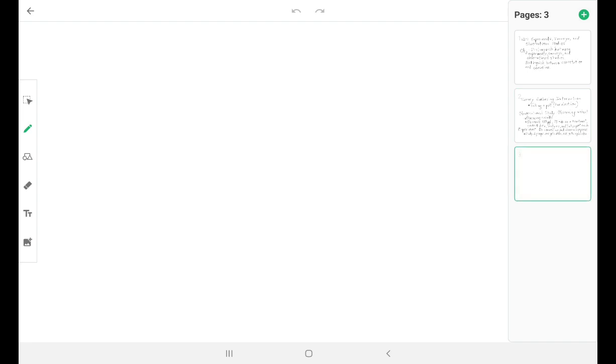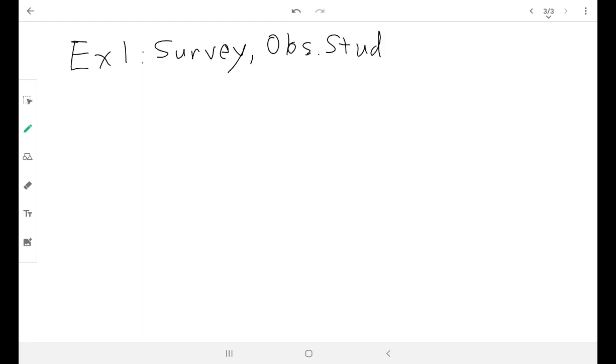So then the question is, can we figure out the difference between these? So example 1: is this a survey, observational study, or an experiment?